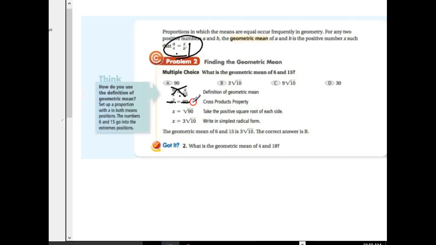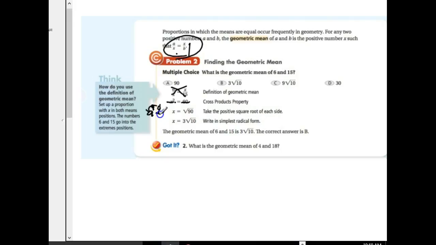Now, we don't want x squared, we want x, so we're going to take the square root of 90. If you don't have a calculator that will do this, you're going to have to do it the old-fashioned way. Think of the biggest perfect square number that will go into 90, and that would be 9. So 9 times 10 is the same as 90.